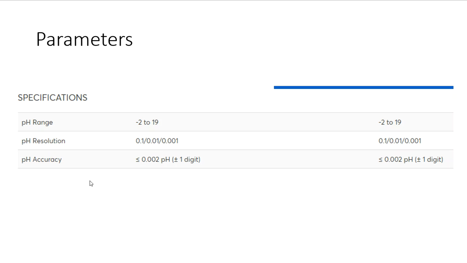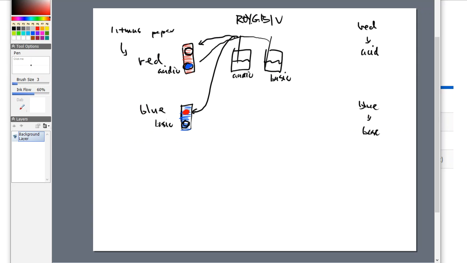Okay? And then finally, the pH accuracy. This is kind of stated a little weird, less than 0.002. That means if it's supposed to read a 7.0000, that accuracy number means that when I put the pH probe into that solution and measure it, well, that pH probe is pretty good because it only can go 2 below and 2 above.